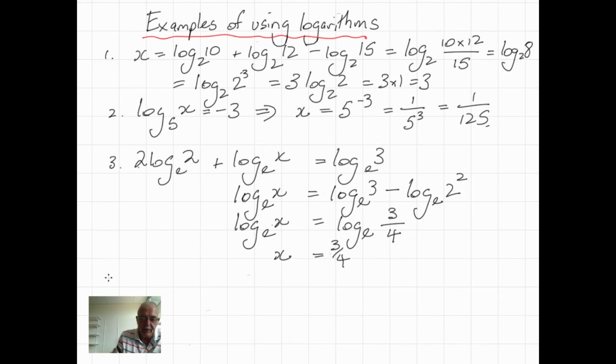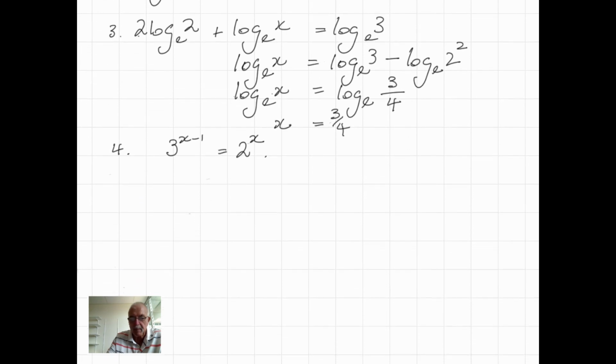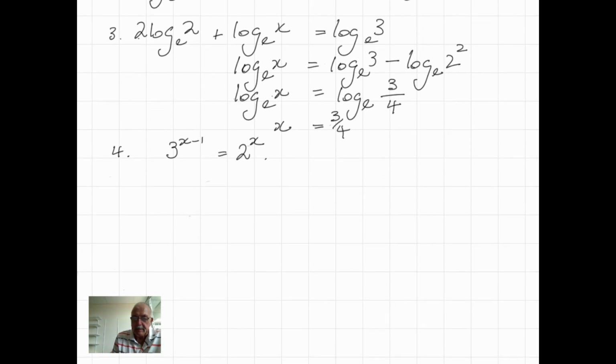So that's number 3. Number 4, we're asked to solve for x, and we've got 3 to the x minus 1 equals 2 to the x. Once again, we've got the unknown on both sides. We can't get all the x's to one side. We can take the 2 to the x, but that's probably not going to get us too far.